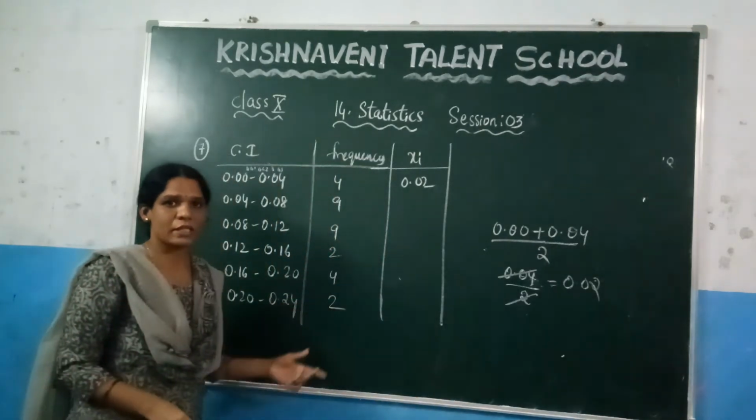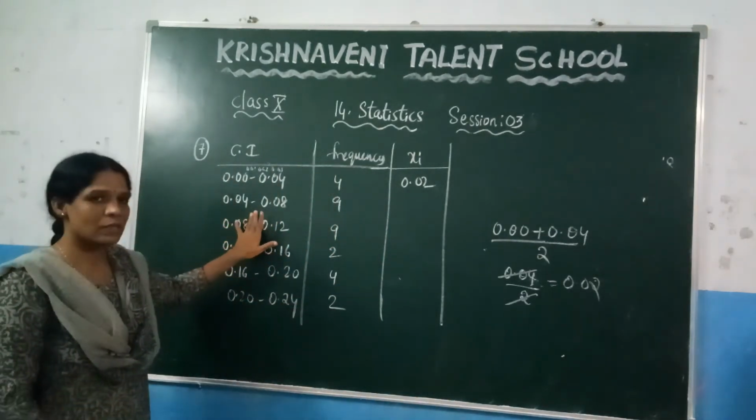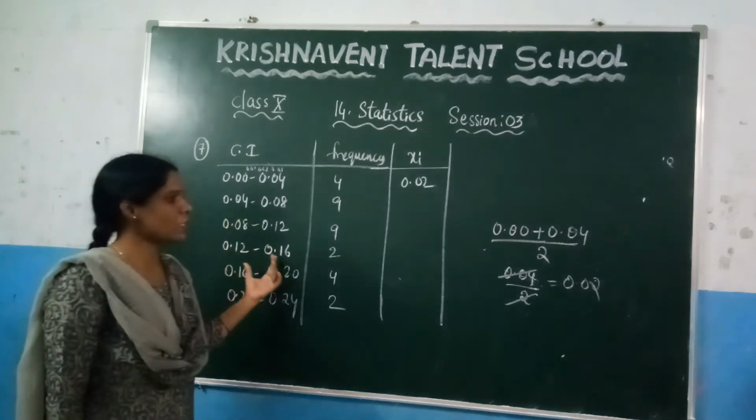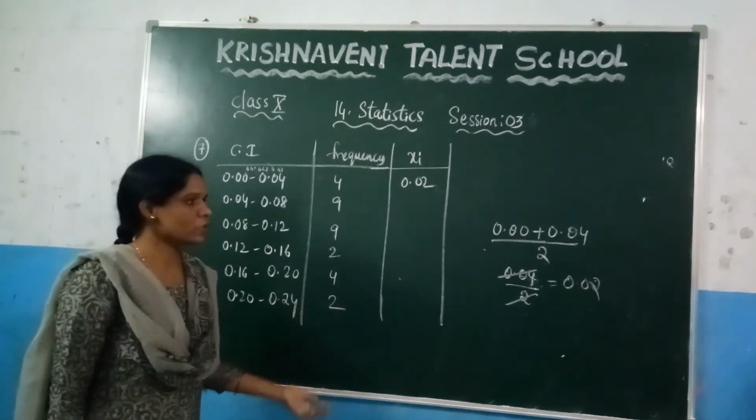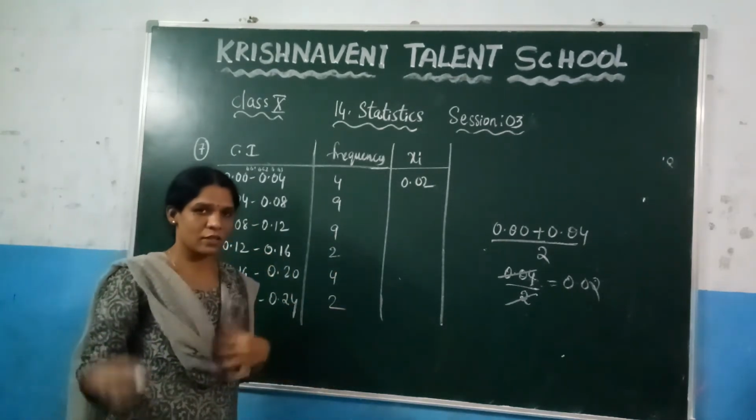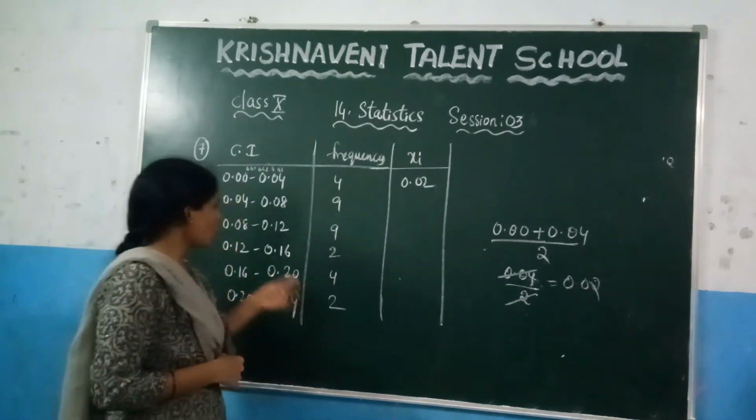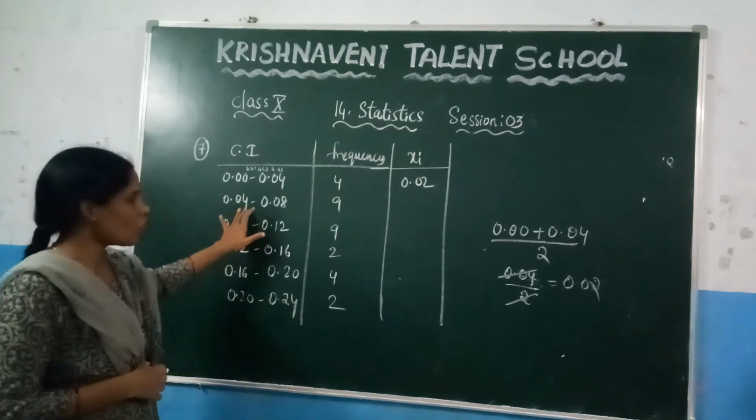Like that also you can calculate, or otherwise you can write the middle term. Writing the middle term is very easy, because if you do the calculation you might get something wrong.